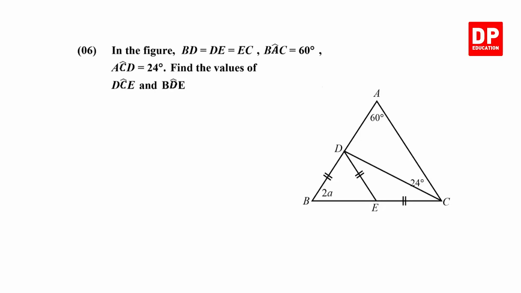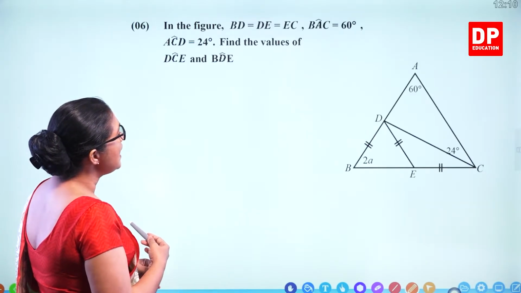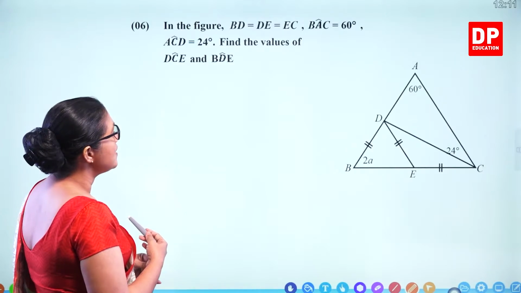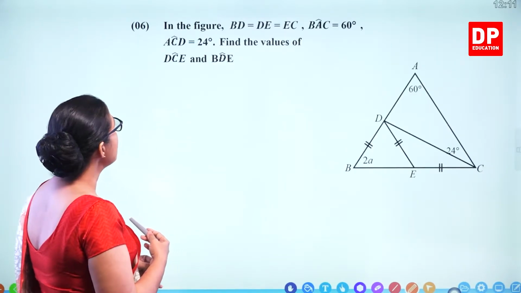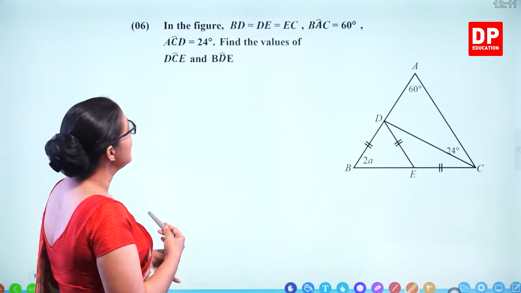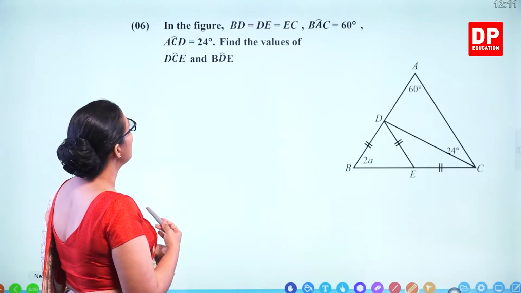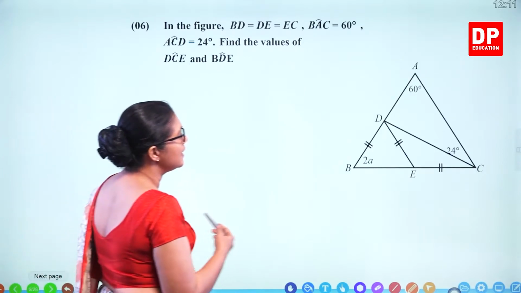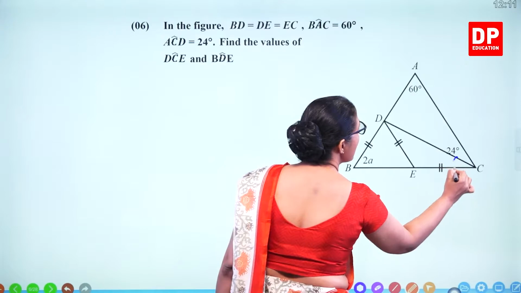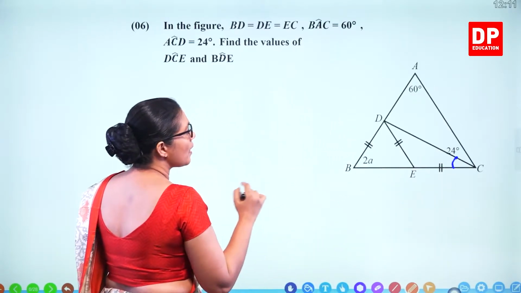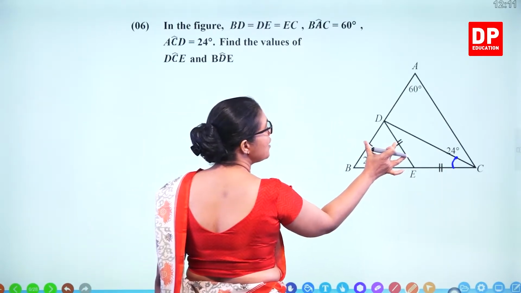Question number 6. In the figure, BD is equal to DE and it's also equal to EC. BAC angle is 60 degrees. ACD is 24. Find the value of DCE. DCE, this angle. We'll try to write down in terms of this.